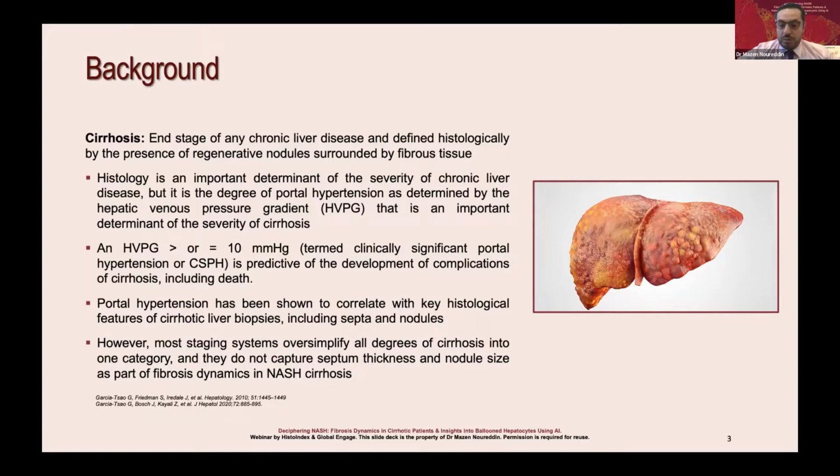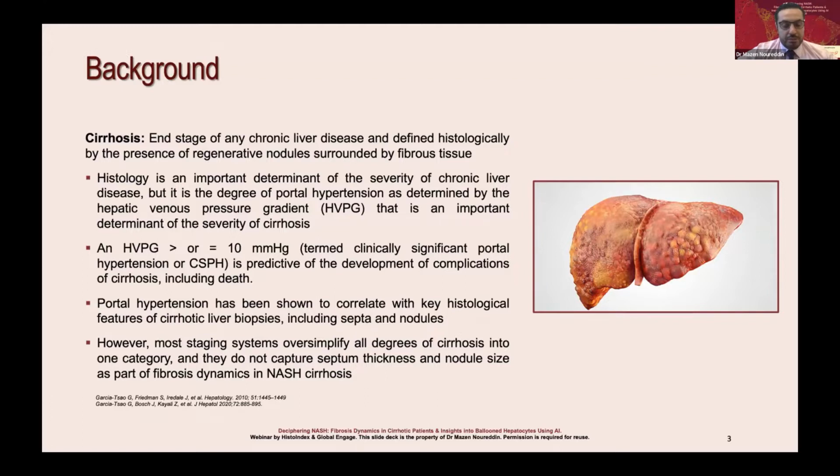Also, before you get to the clinically significant portal hypertension, there are earlier stages of cirrhosis. And to quantify them, so far the best way has been histological methods. But the issue with the conventional histological methods is that it could be too simplified by looking into just fibrosis changes, for instance, from stage 4 to stage 3.